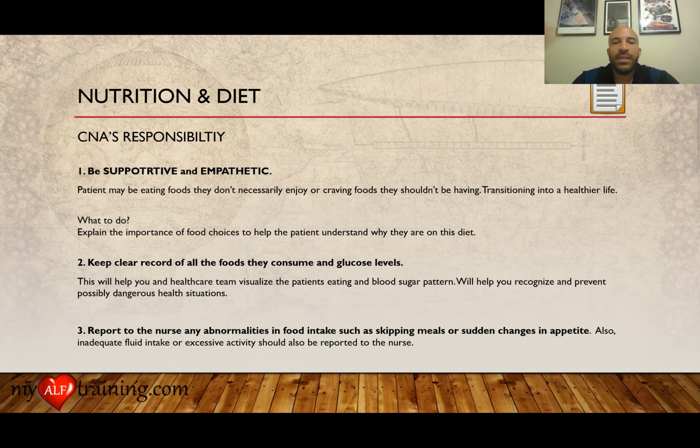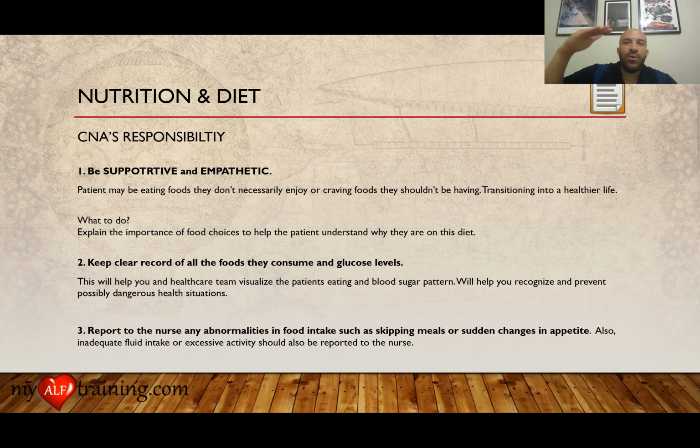If a patient skips a meal, if I skip a meal, it's not that big of a deal. But in healthcare, this is a very big deal, and especially with our diabetic patients, because we need to have a continuous flow of the right amount and right foods going into their system to make sure that it's working together with the insulin that they're being given to sustain their blood sugar at an adequate level.